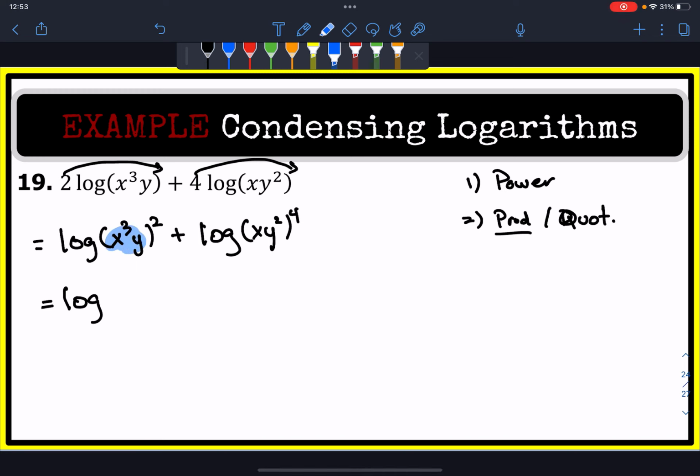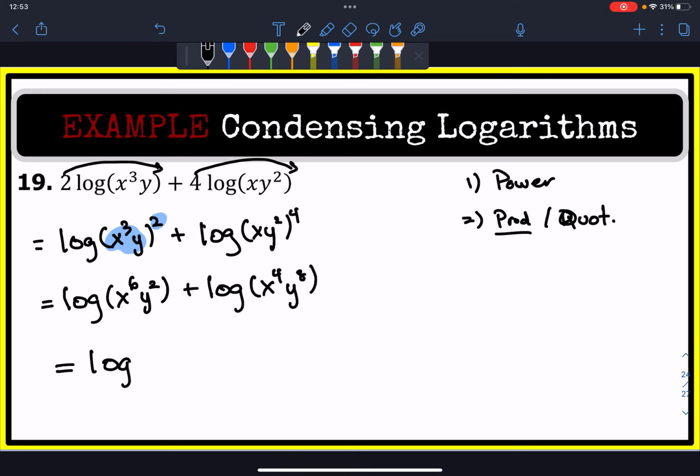Now, before I apply the product property, I'm going to simplify some things here. This x to the second power to the third, y to the second power, means we have x to the 6th and y to the second. Doing the same thing on this other log gives us x to the 4th and y to the 8th. Now I will apply the product property. Since I'm adding these two logs, I can condense it by writing it as one common log and then simply multiplying this with that.